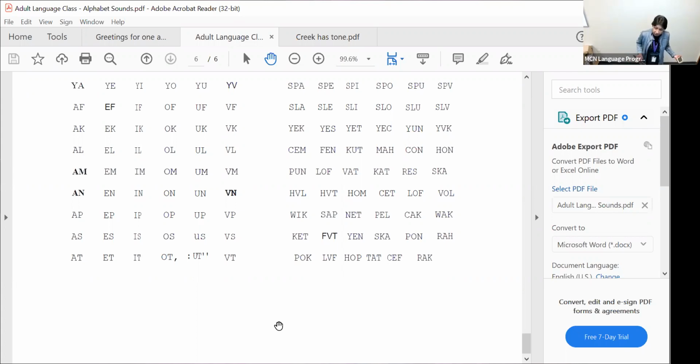It's because they didn't know their sounds. And it's hard to look up something in the Mvskoke dictionary when you really don't know what the sounds are. This helps in all kinds of ways. It's reading, writing, pronouncing. This has everything to do with language, guys.